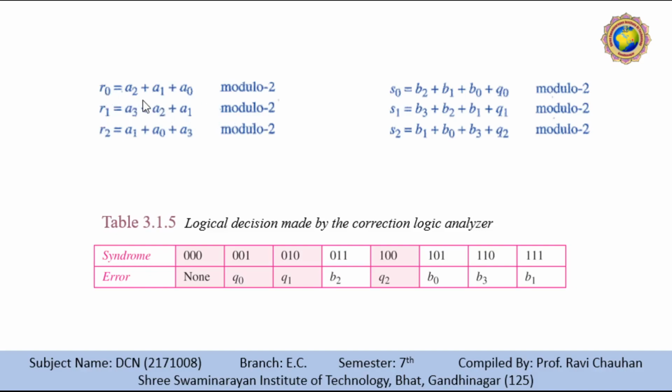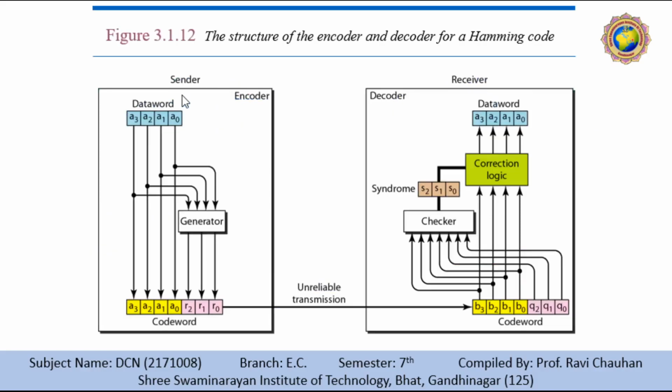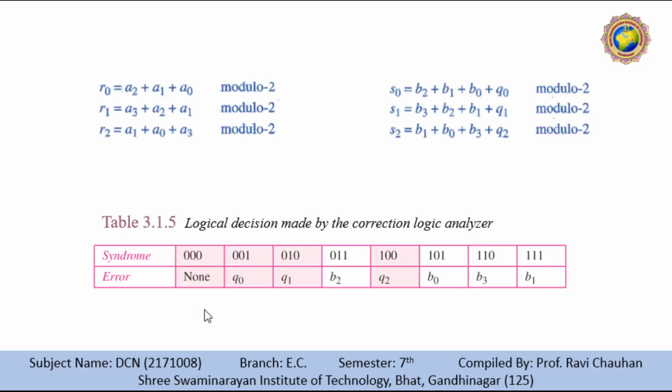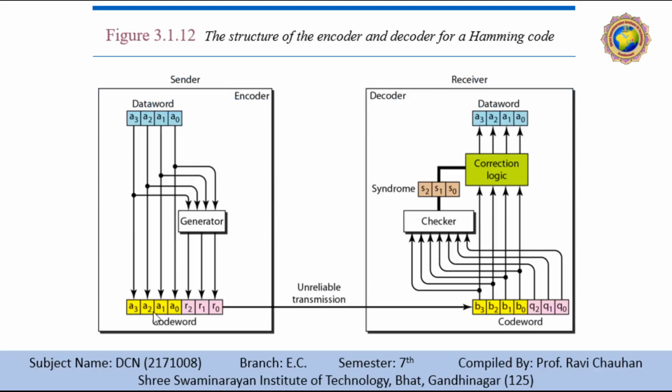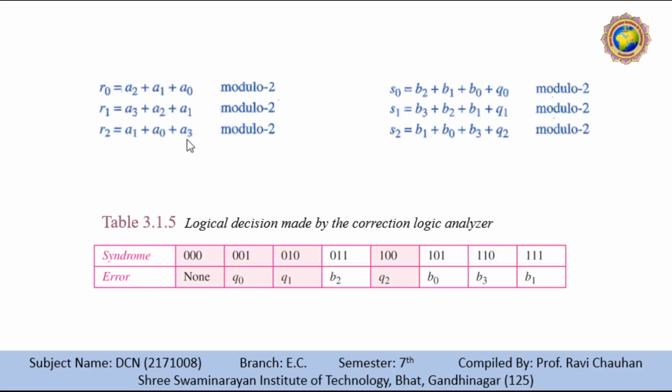R0 is equal to A2 plus A1 plus A0, R1 is equal to A3 plus A2 plus A1, and R2 is equal to A1 plus A0 plus A3.